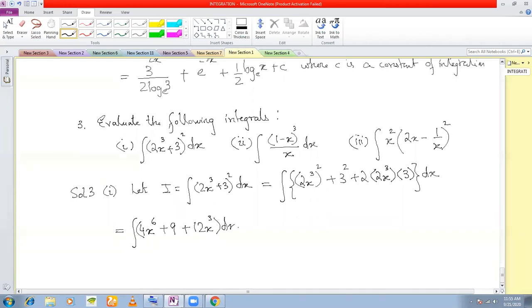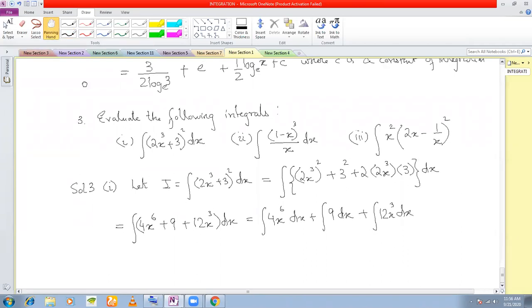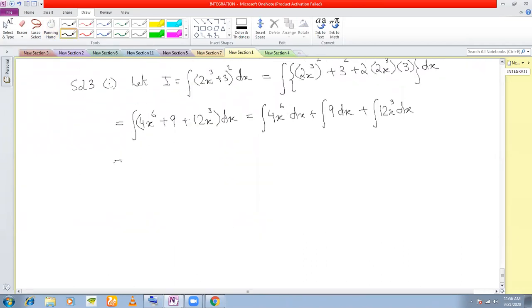Now you separate the integration. You get integration 4x to the power of 6 dx plus integral 9 dx plus integral 12x cube dx. Next step, you can take 4 out of the integration because it is a constant.